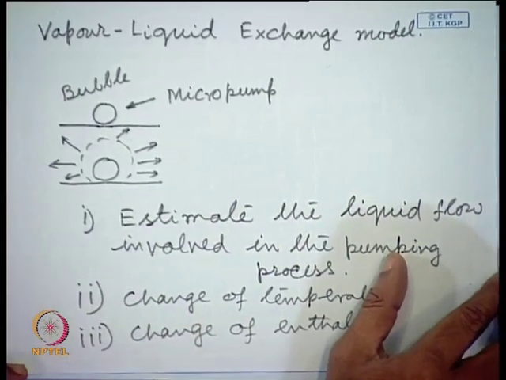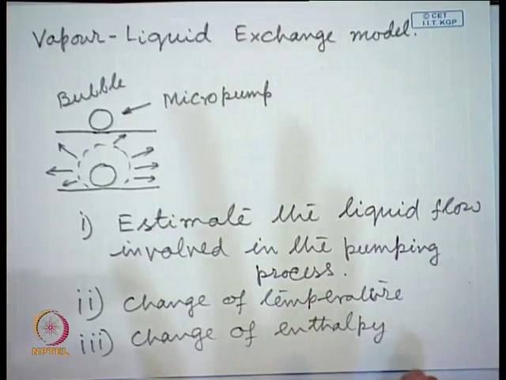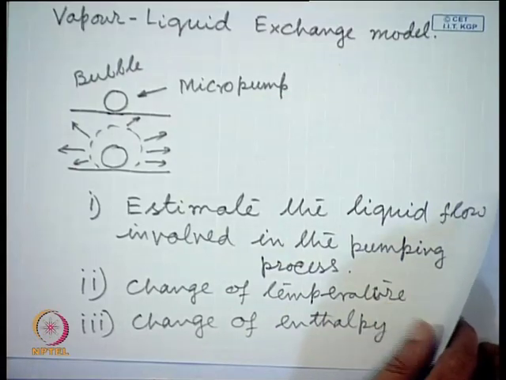Assuming that the bubble is a hemispherical bubble and the fluid movement associated with this is also hemispherical, of the same volume as the bubble. So, we can write the equation for heat transfer.